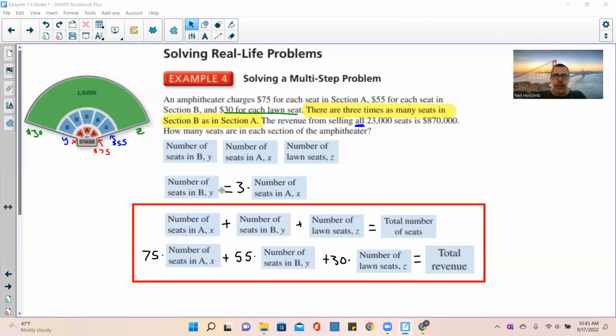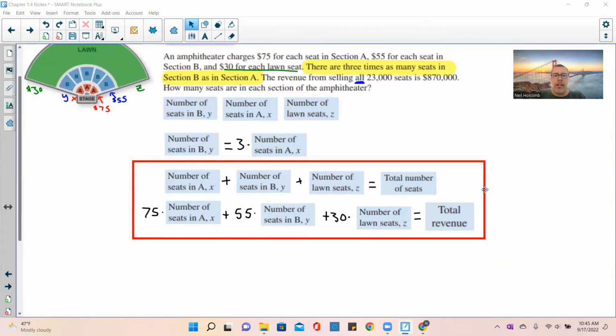Okay, so here it is. Now we have number of seats A plus number of seats B plus number of seats in the lawn equals the total number of seats, and $75 per seat in A plus $55 per seat in B plus $30 per seat in the lawn equals total revenue. Now that we have all that set up in a verbal, we're just going to substitute in all of our givens.